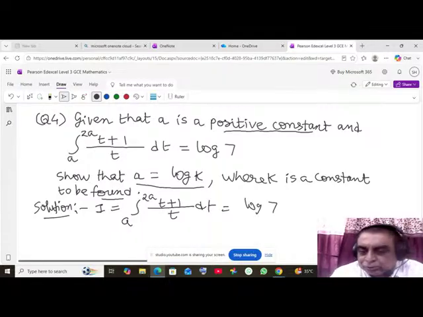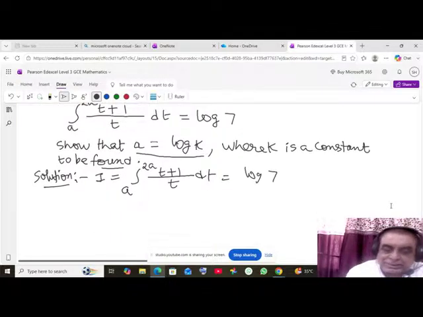Now you solve the definite integral. See how we solve it. Write the limits a and 2a, and divide both terms of the numerator separately by the denominator.